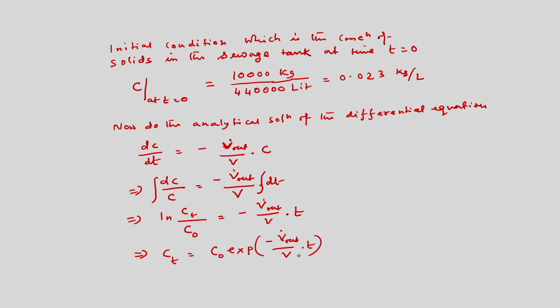So, this is your equation for concentration at time t, as a function of time t. In this case you can find out the concentration Ct at any time t, provided C0 and V dot out and also initial volume inside the reactor are known to you.